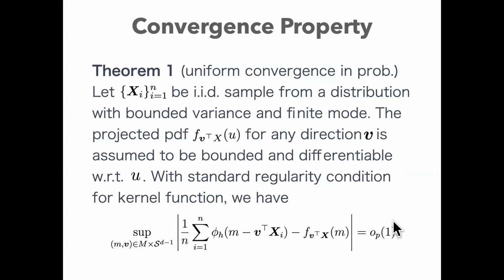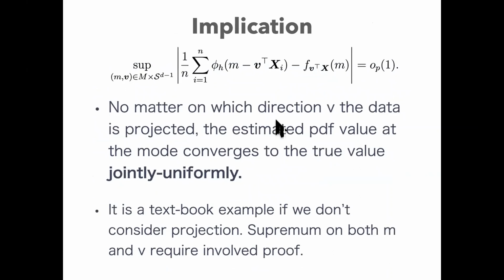This result justifies, in a sense, our optimization problem for finding the minor component based on the notion of mode. I mean, it can be seen that for any direction and any point, this kernel density, kernel mode estimate will converge to the true one in probability.